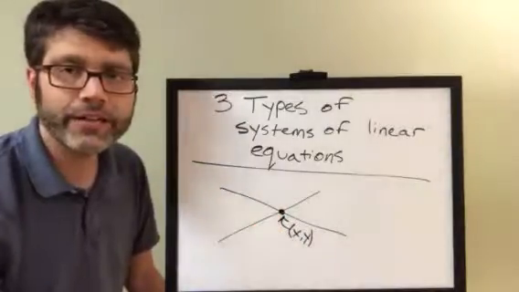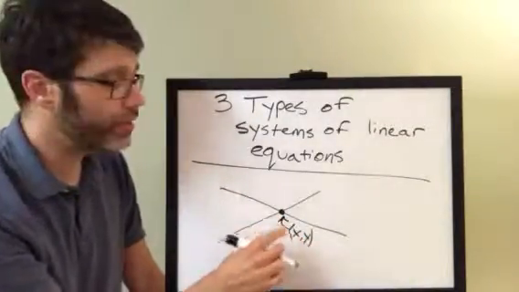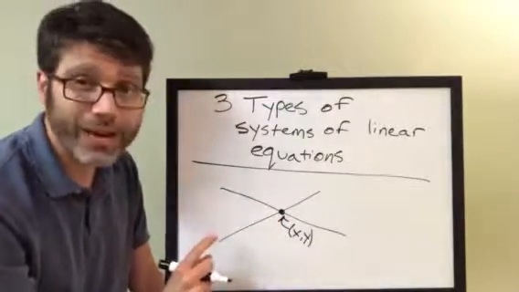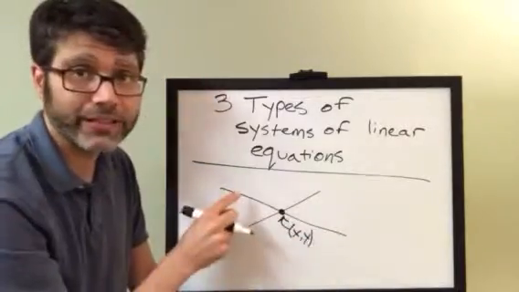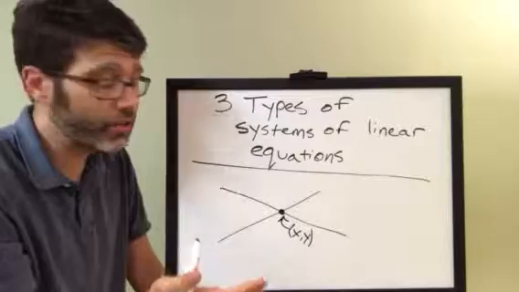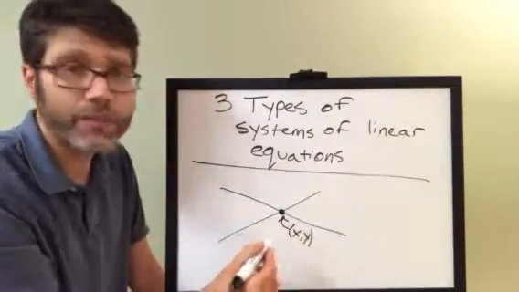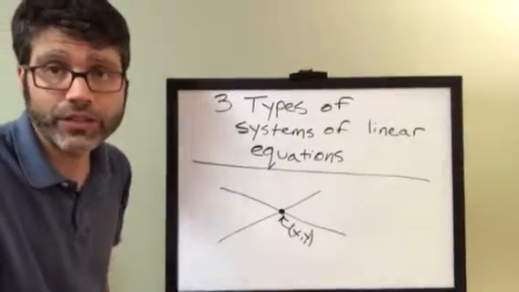This point right here has an x value and a y value that if we plug them into the equations, not just of one of the lines, but both of the lines, that would solve both of those equations. And so therefore, this is a common solution for these two linear equations.